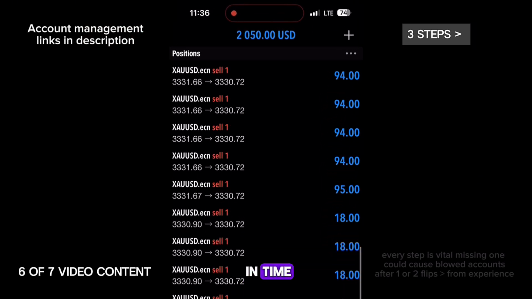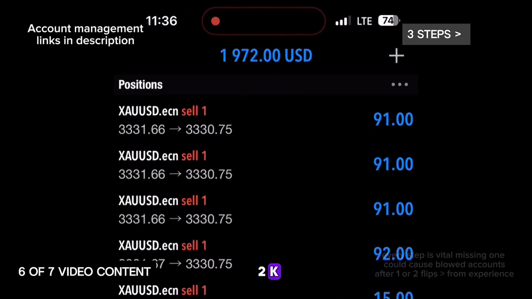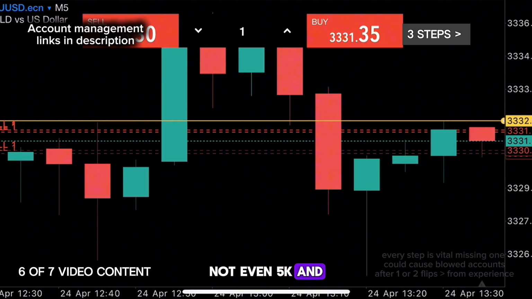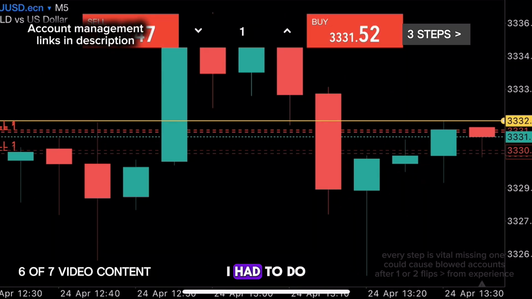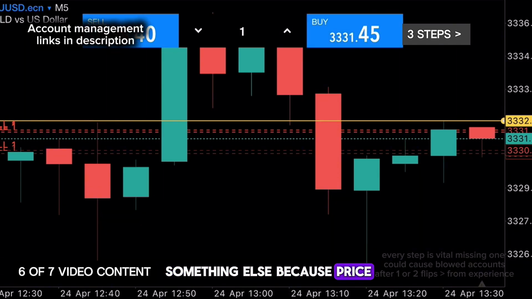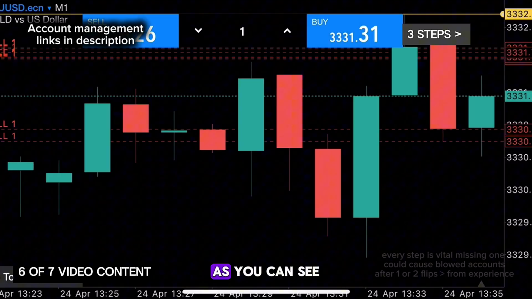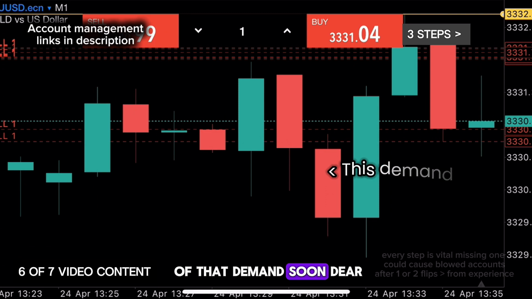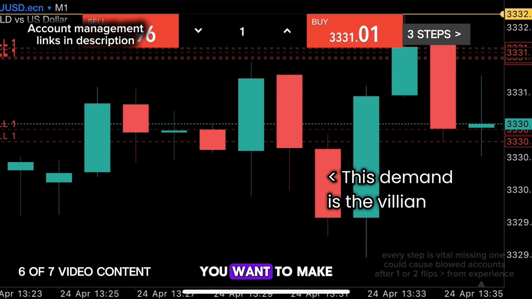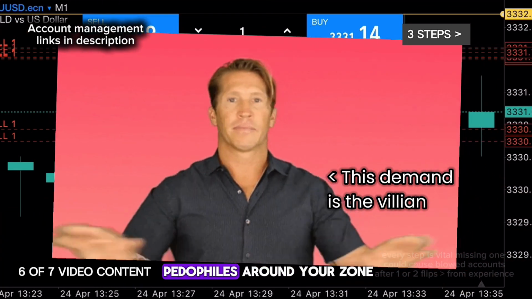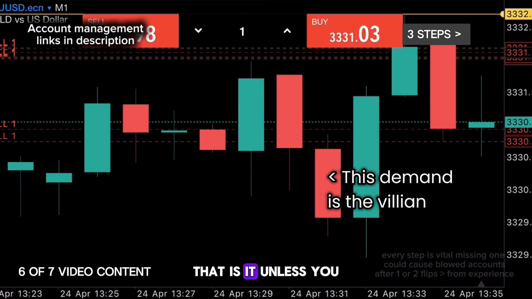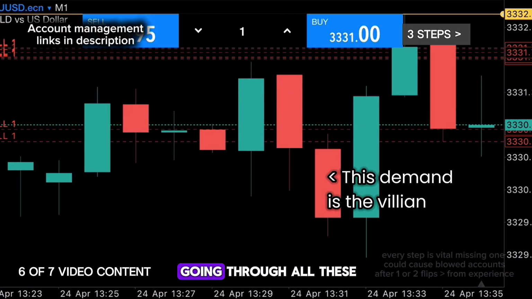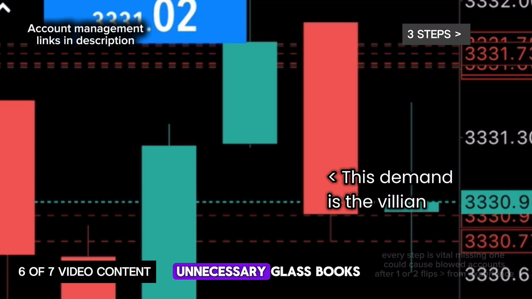And at this moment in time, we're just sitting at 2k, not even 5k, and that was when I knew that I had to do something else, because price was already rejecting. As you can see, it was rejecting because of that demand zone there. That is why you want to make sure you don't have PDRs around your zone. That's it, or else you'll be going through all these unnecessary bad boosts.